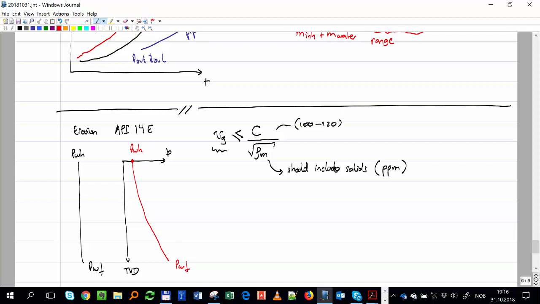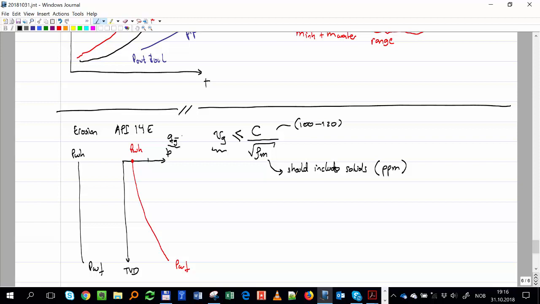Now, how is the local rate, or first the standard conditions rate, going to behave? Q at standard conditions, Q gas. That's just going to be constant, right? Because that's like mass flow.